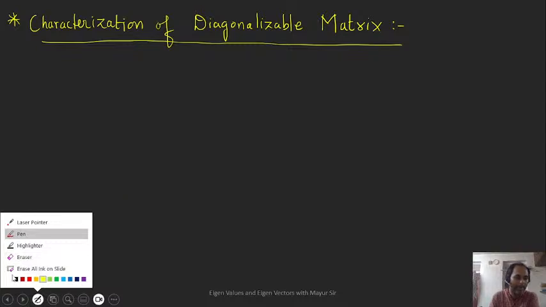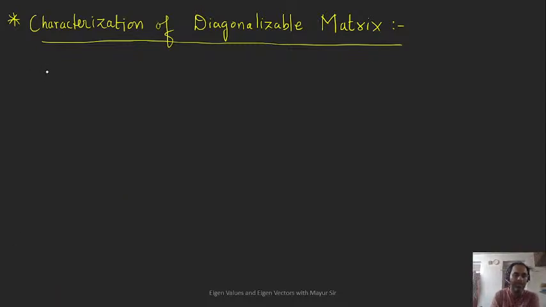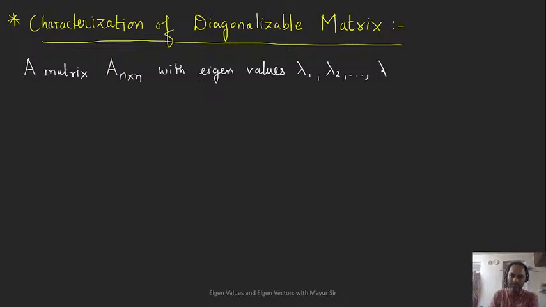So we write here: a matrix A, n cross n, with eigenvalues lambda 1, lambda 2 up to lambda n, is diagonalizable if and only if.